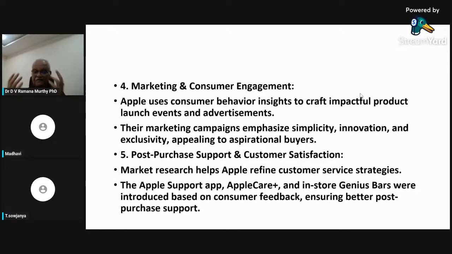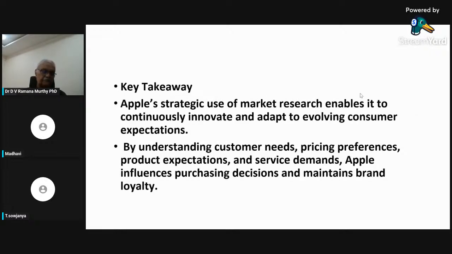Fantastic. See, I have my own doubts. I can't run to a retail outlet where I bought my phone. So you might need to give me support. That's what it means. So this is what we refer to as marketing and consumer engagement exercises. Now, what are the key learnings here with reference to the Apple case study?